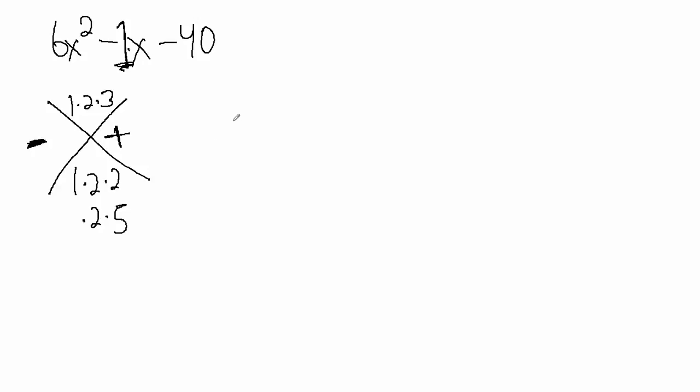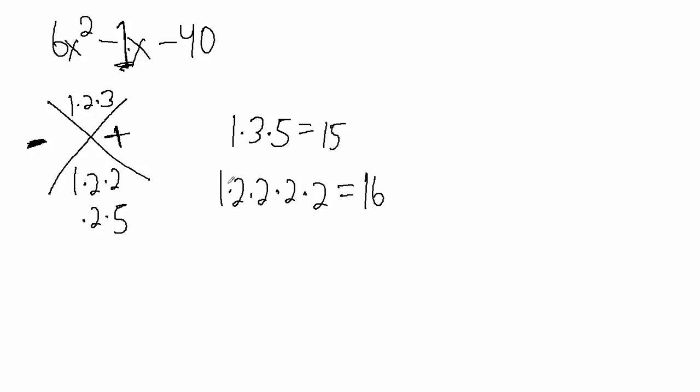So what if we do 1 times 3 times 5, which is 15, and then what's left over? So we used a 1, a 3, and a 5. What's left over is another 1, a 2, a 2, a 2, and a fourth 2. So 1 times 2 times 2 times 2 times 2 is going to give us 16. Now we have 1 as a minus and 1 as a plus, and we have 15 and 16.